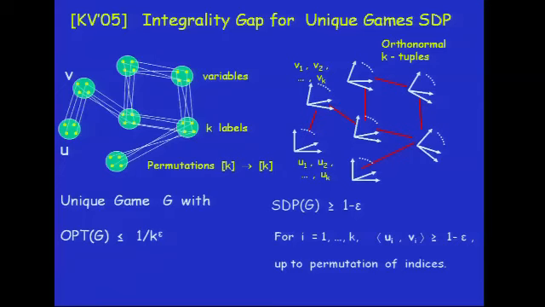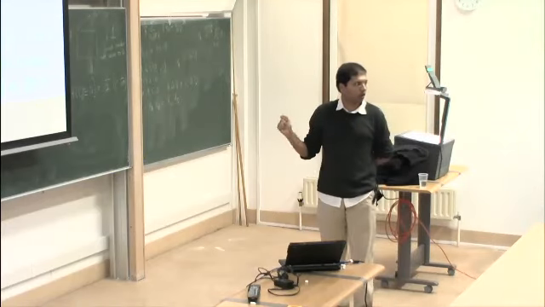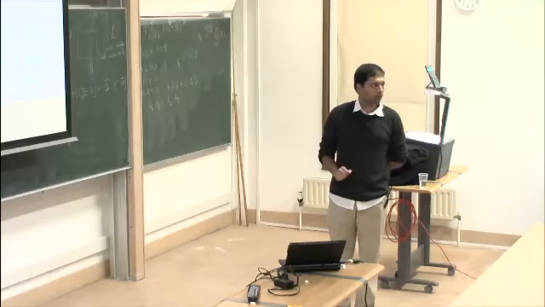Yeah, and you can concretely construct this configuration, and that's what counts as the integrality gap for the unique games SDP. And the open question is this: in this construction, the size of the graph itself happens to be exponential in k. So is that necessary?